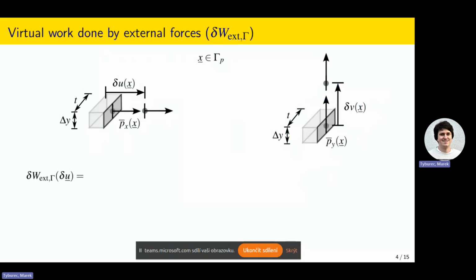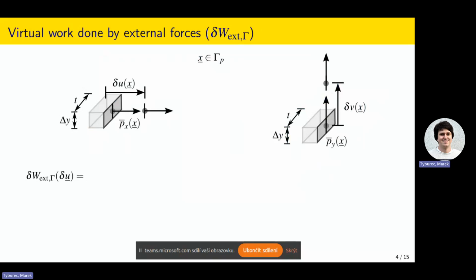As you can see in the figure, this is related to a boundary of the domain called gamma p, a boundary with this kind of boundary conditions. Again, you can see the figure, and based on it we can write down something like this.